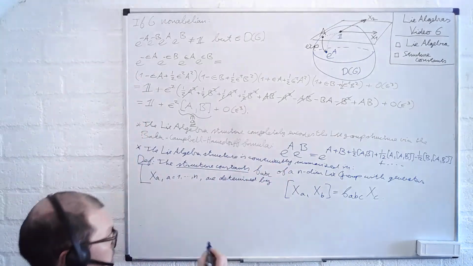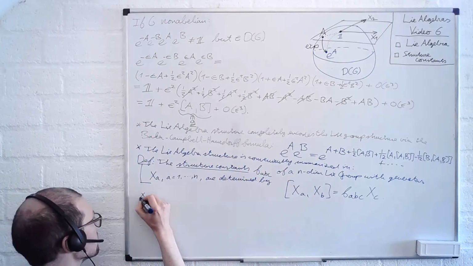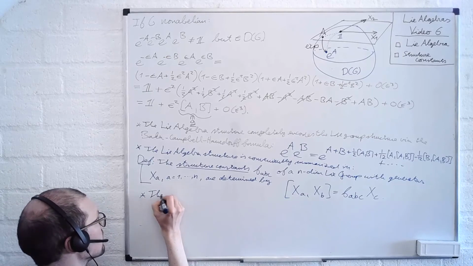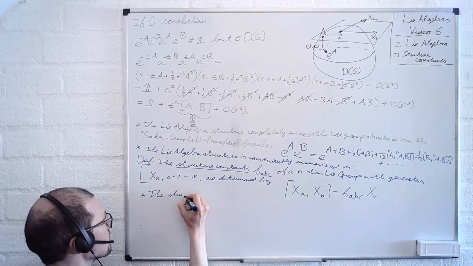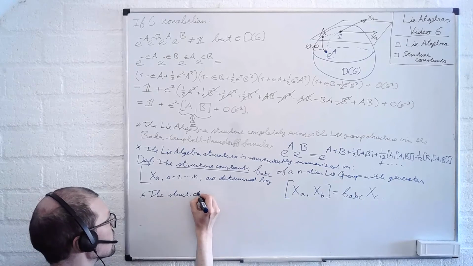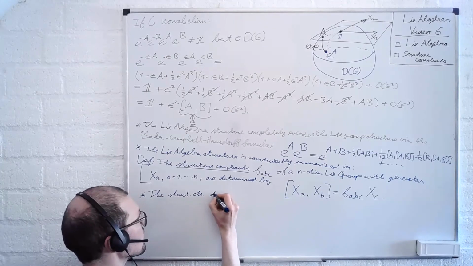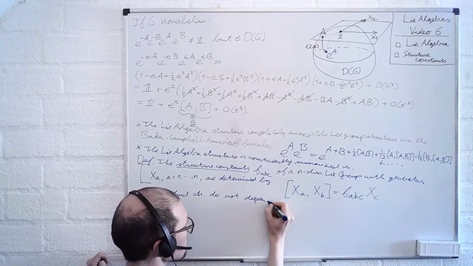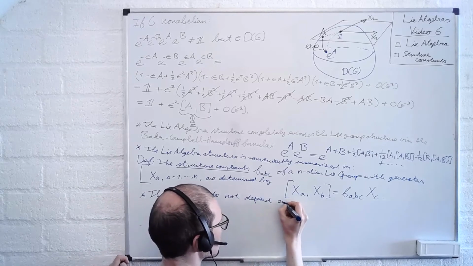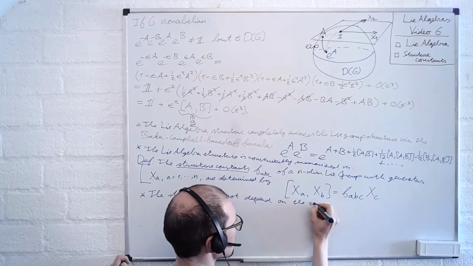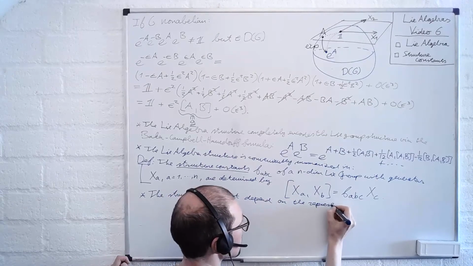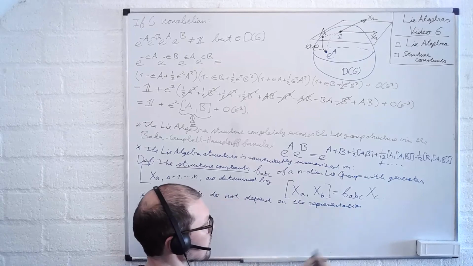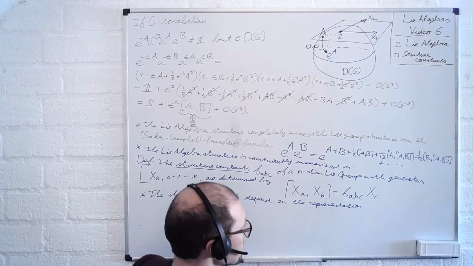So let me just give you a couple of remarks about the structure constants. The first thing is that the structure constants do not depend on the representation that you're working in. So why is that?